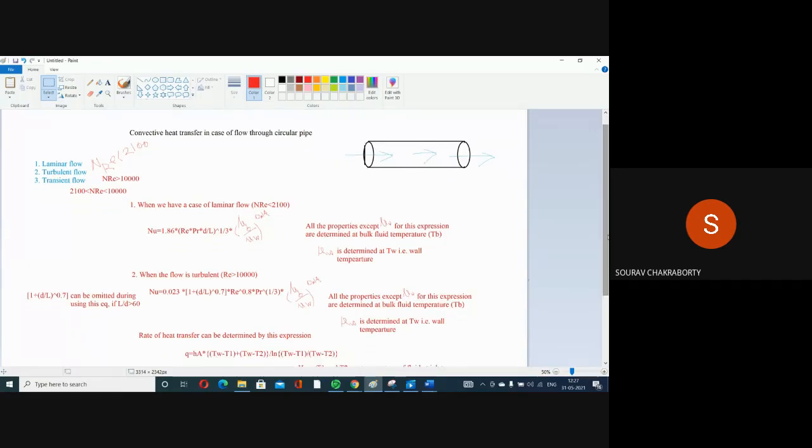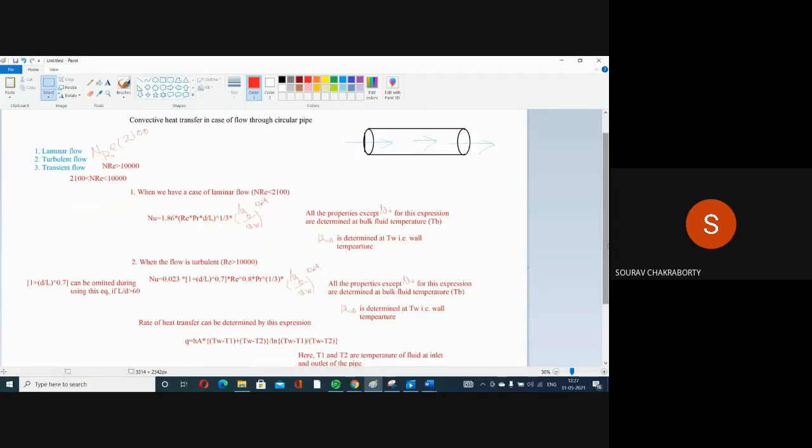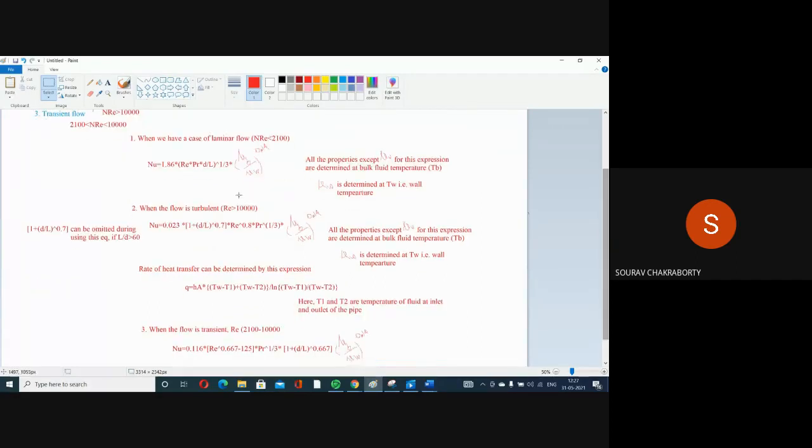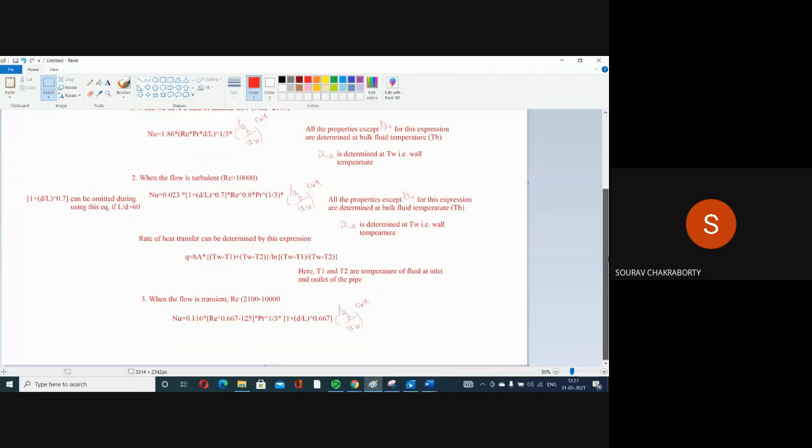If it is laminar flow, we utilize this expression. If it is turbulent flow, that is Reynolds number greater than 10,000, we utilize this particular expression. And if your Reynolds number is in between 2100 and 10,000, we utilize this particular expression. So this is the case for flow of fluid through a circular pipe.